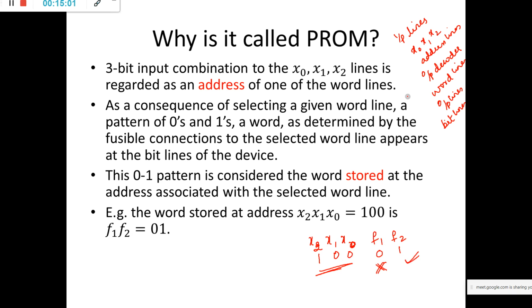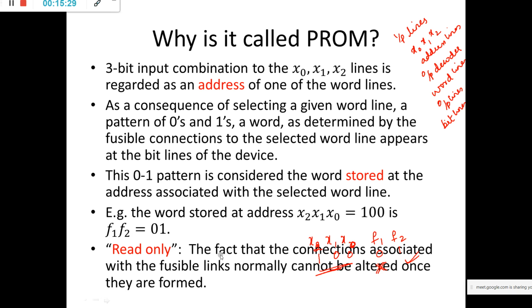Okay. So with this, I think you know X0, X1, X2 lines are nothing but address lines. The output of the decoders are nothing but word lines. The output lines are nothing but the bit lines. The entire slide says that the word stored at the address is 100. It is nothing but F1, F2 output bit lines are 0 and 1.